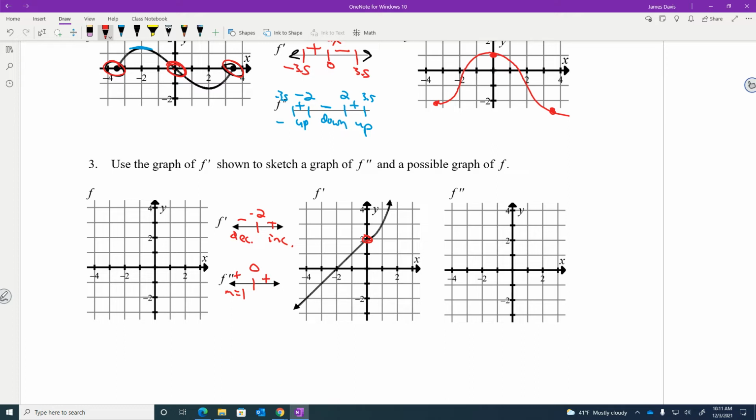Okay, let's see if we can do the function first here. It doesn't give us a starting point, so there isn't really any specific one we have to do. We do know that at -2 there would be a minimum, right? Decreasing and increasing.